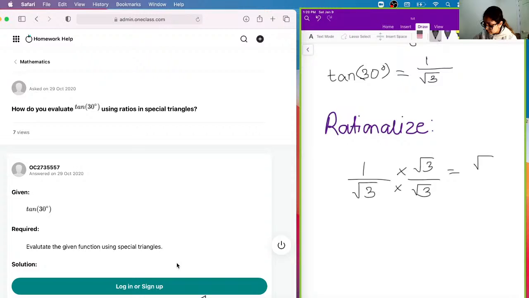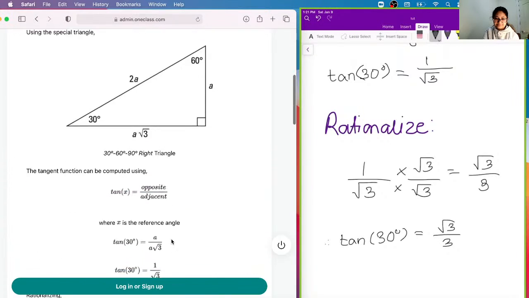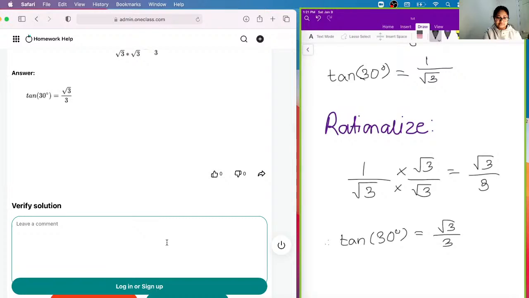So what we get is √3 over 3. When you multiply the same roots together, the roots cancel and it becomes the number inside the root, in this case 3. So we can say that tan 30 degrees is equal to √3 over 3. Okay, and so this is your answer.